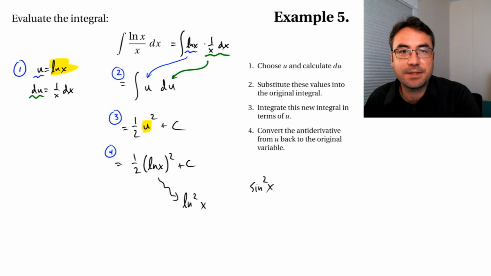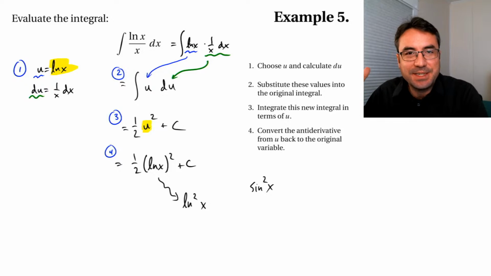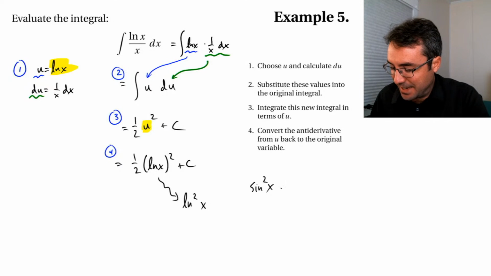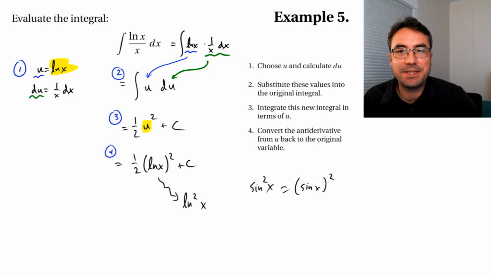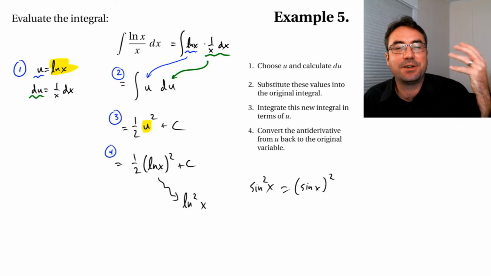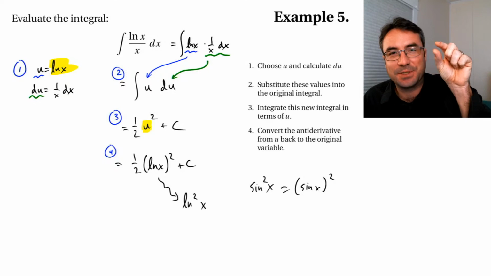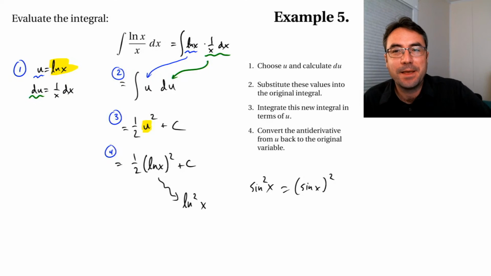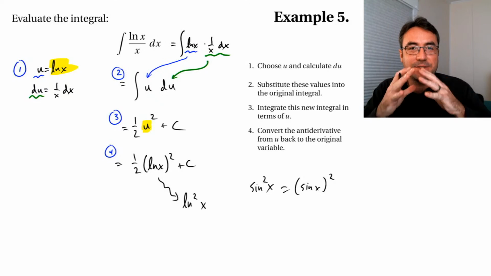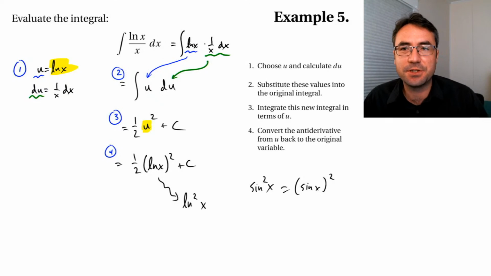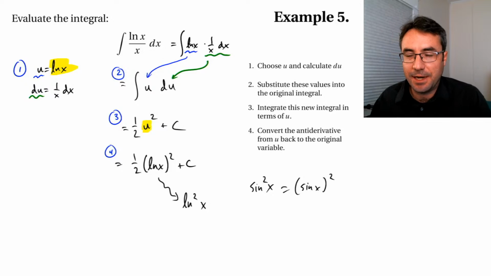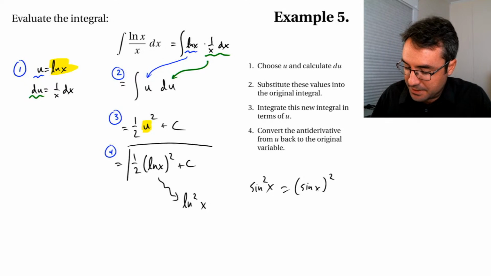So like sine squared x, the squared is not just on the sine, it's on the whole thing. It's sine x squared. So sometimes you might see natural log x all squared written as ln with the 2 kind of on the natural log. It just means natural log x all squared.